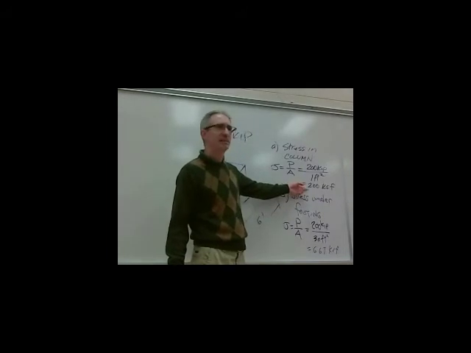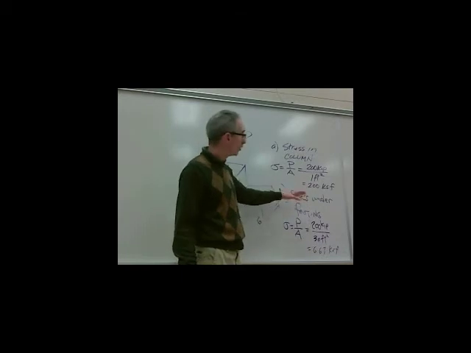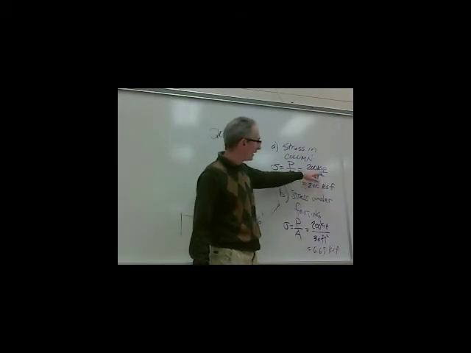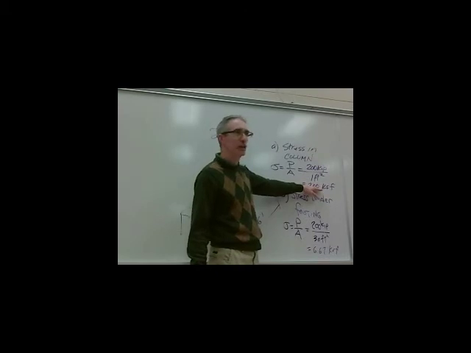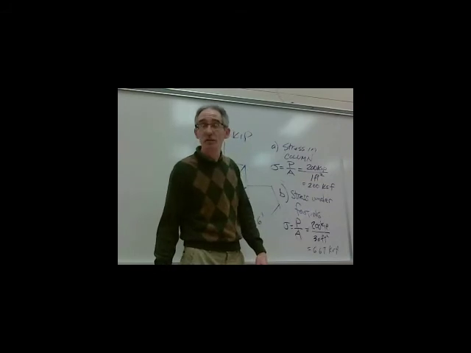How many square inches are in a square foot? 144. Okay? So if I asked you, hey, convert 200 kips per square foot into kips per square inch, what would you do?